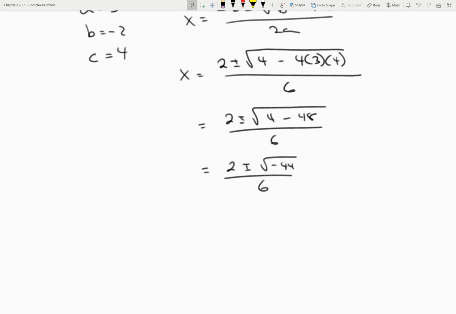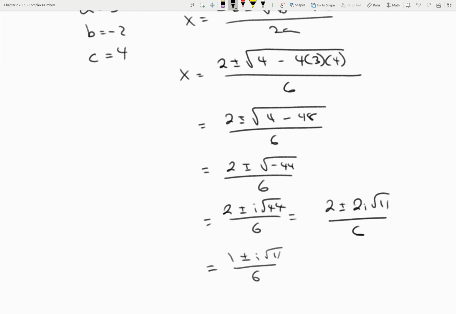And first thing to do is change it to an i. Okay, I'm going to go this way for a little bit so I don't have to keep going down. Square root of 44 is 2 plus or minus 2i square root 11 over 6. And we can cancel a 2, right? Factor out a 2 on the top and cancel it with the 6 to give me my answer of 1 plus or minus i radical 11 over 6.